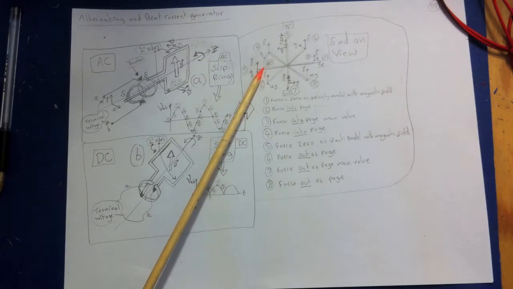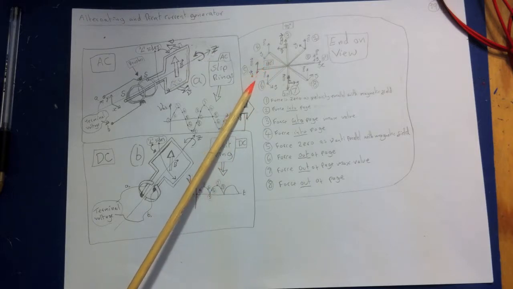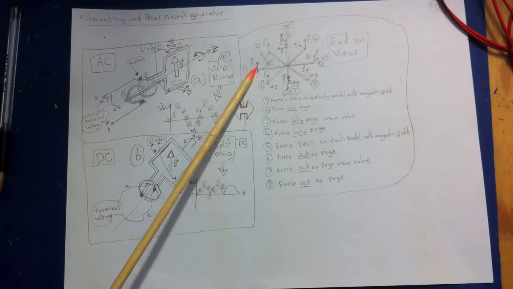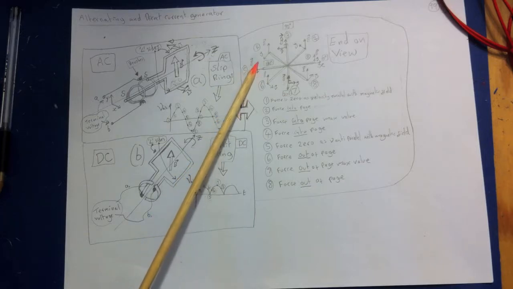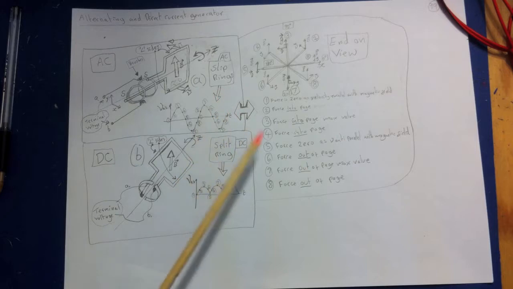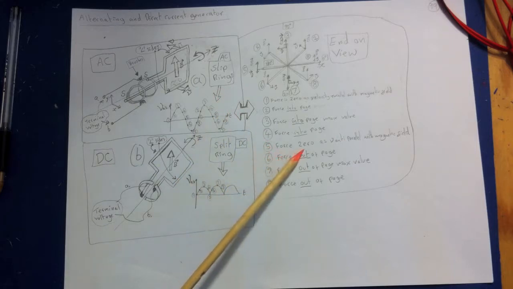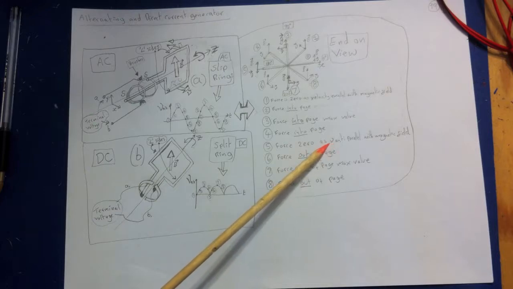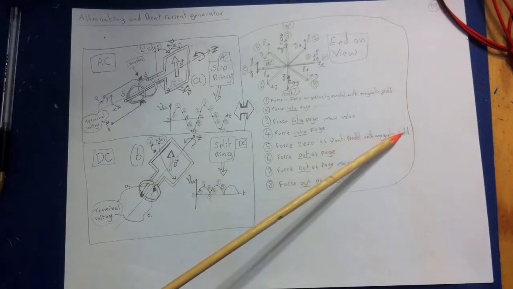And then when we've rotated right round to here again, the velocity vector is exactly opposite to the magnetic field vector, completely in parallel with it. So there's no EMF at this point. So at 5, the force is 0 and the EMF is 0, as the velocity is anti-parallel with the magnetic field.